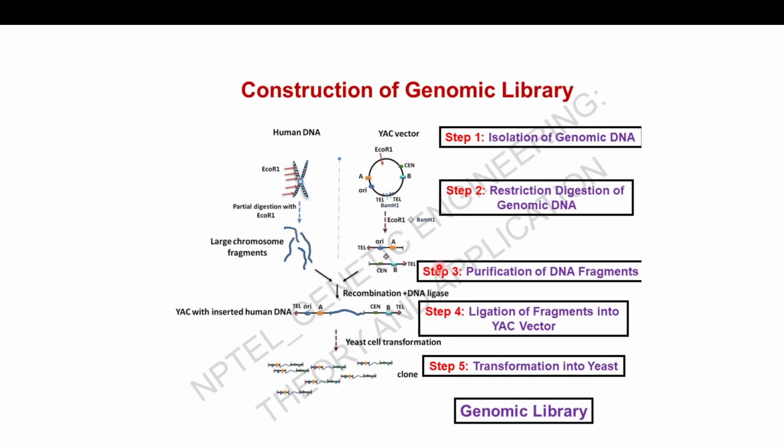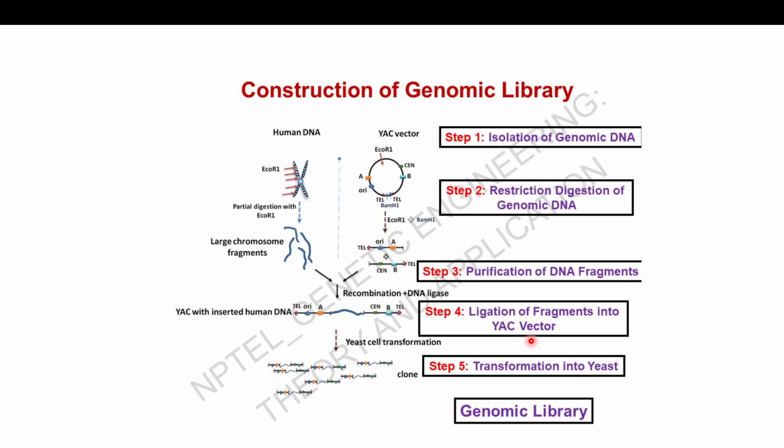After chopping it up, we purify the DNA fragments. Then, as we saw in the previous slide, we join these purified DNA fragments into a suitable vector. There are many kinds of vectors, but we will come to these types. That recombined vector will then have to be introduced into an organism of our interest.